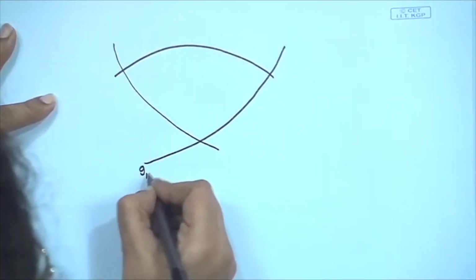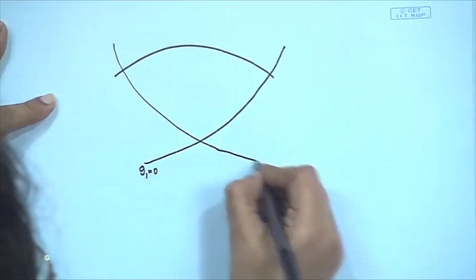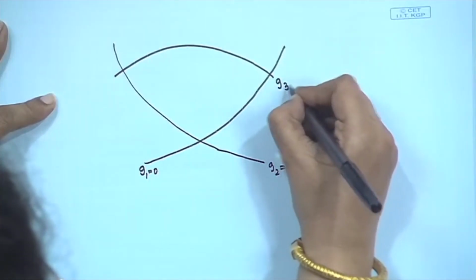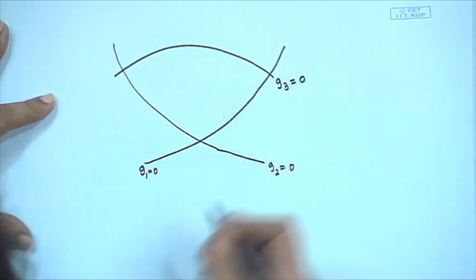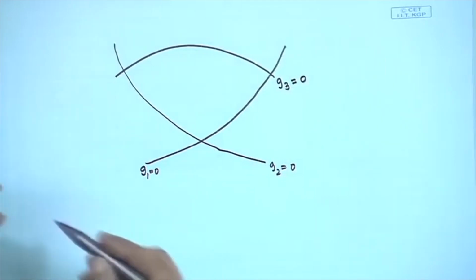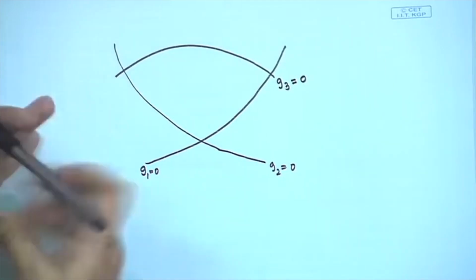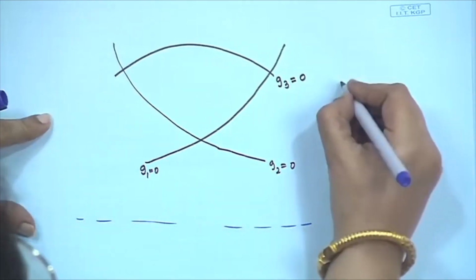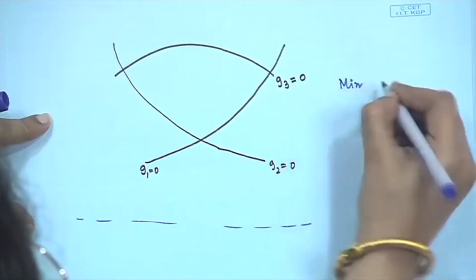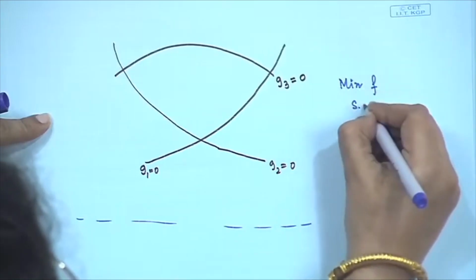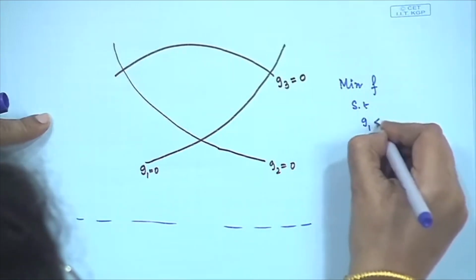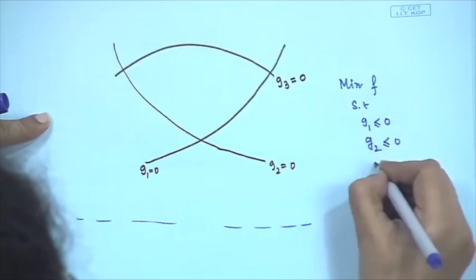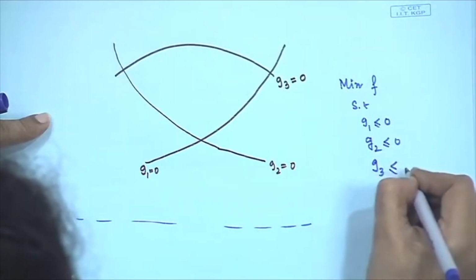This is my G1, this is G2 and this is G3. Now, the objective function is moving in this direction. Our problem is to minimize f subject to G1 less than or equal to 0, G2 less than or equal to 0 and G3 less than or equal to 0.